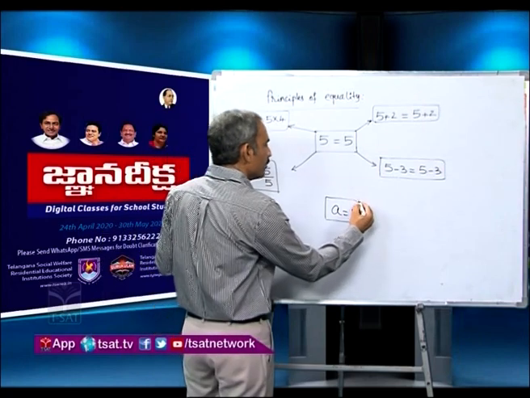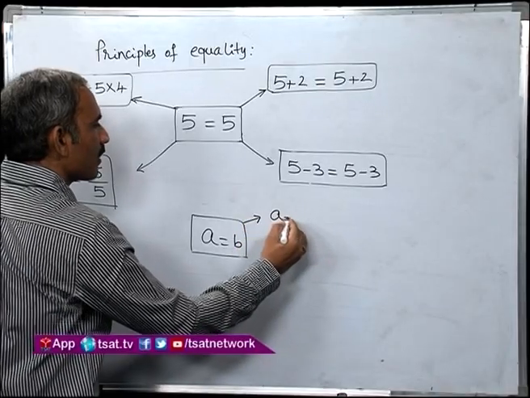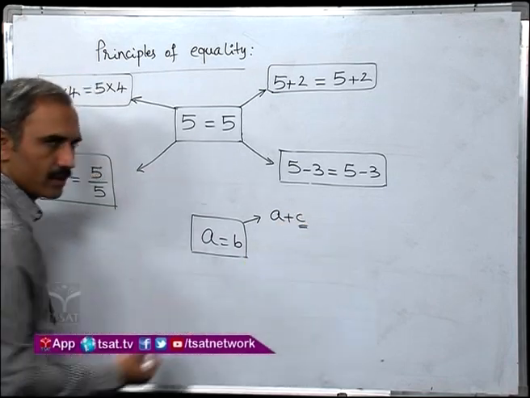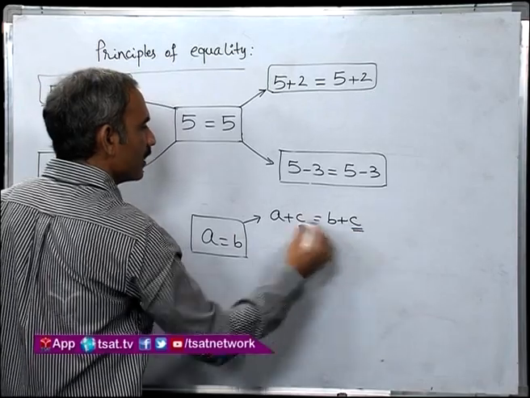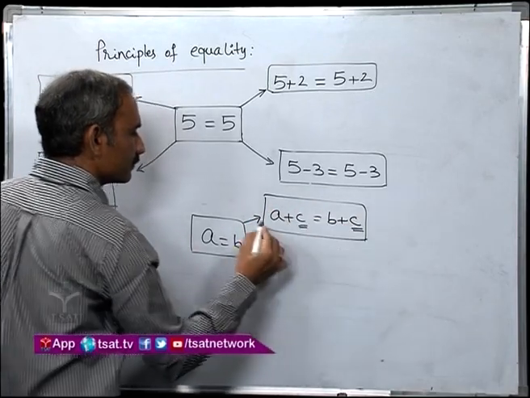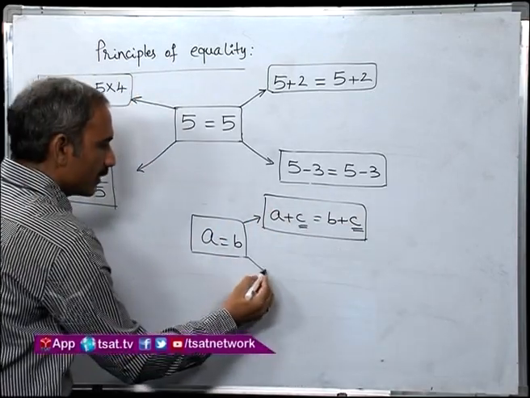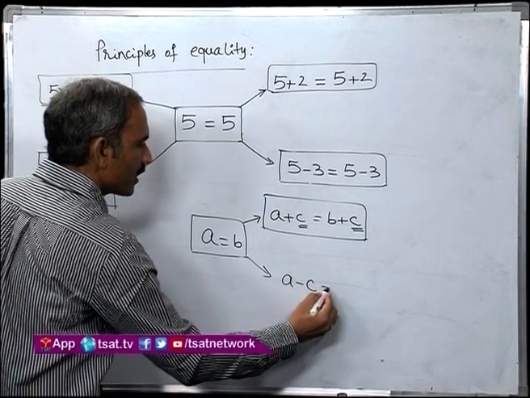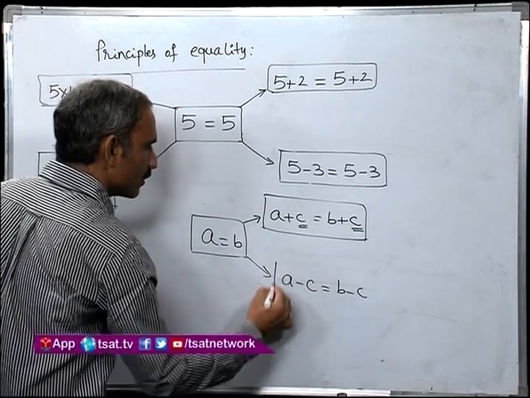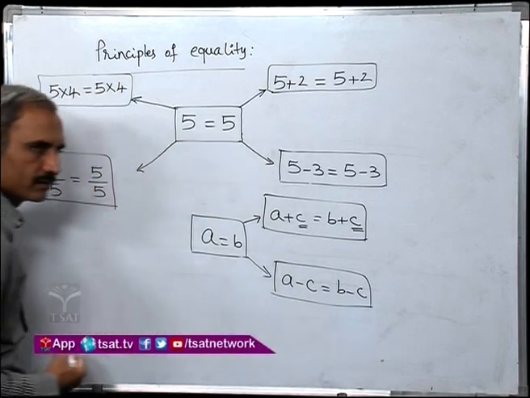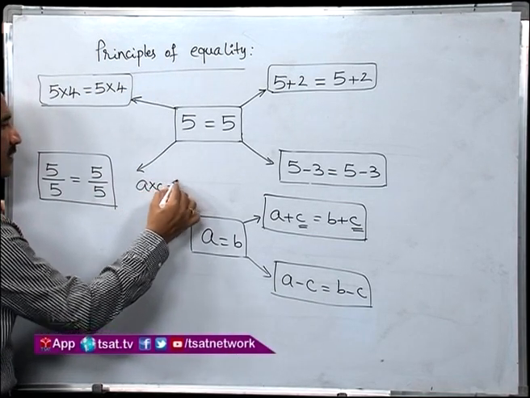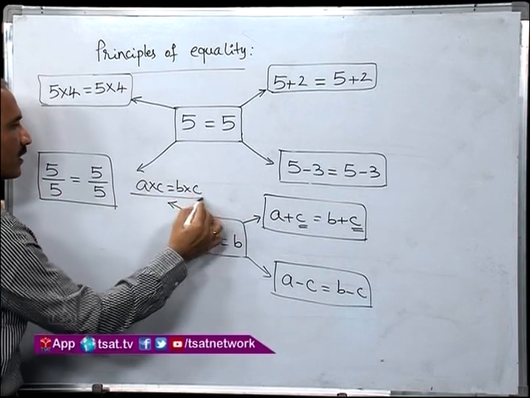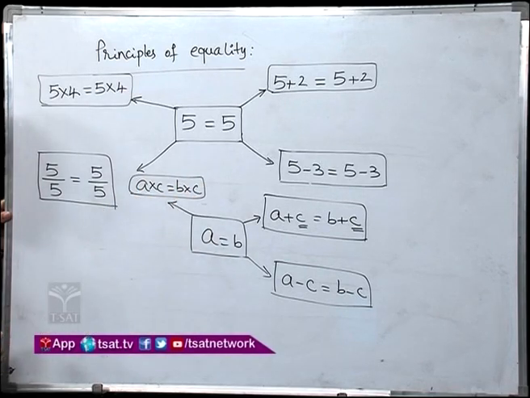That means if you add the same number, a plus c, c is any number, on both sides, then the equality does not change. Again, if you subtract the same number, then also the equality does not change. If you multiply, a into c is same as b into c, then also equality will not change.